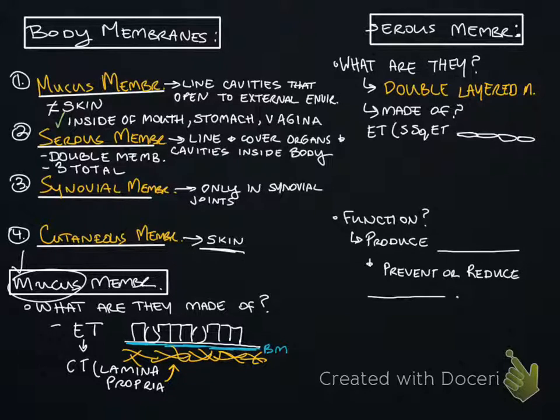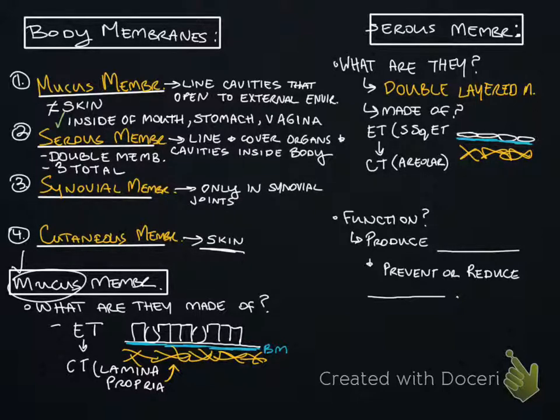Okay, connected to a basement membrane that's going to anchor it to some sort of connective tissue, and typically that connective tissue is areolar connective tissue. And that's what a serous membrane would look like.